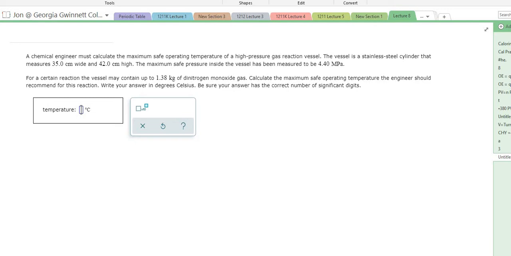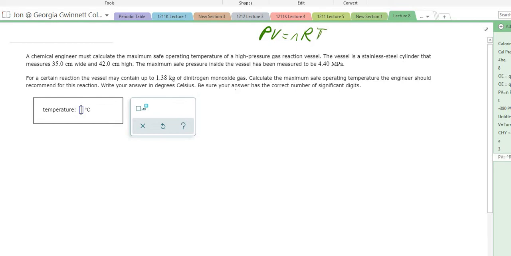Okay, so we can do these types of problems, and this will have to do with the ideal gas law. If we remember, the ideal gas law is PV equals nRT. So pressure times volume equals the number of moles times the gas constant times the temperature in degrees Kelvin.